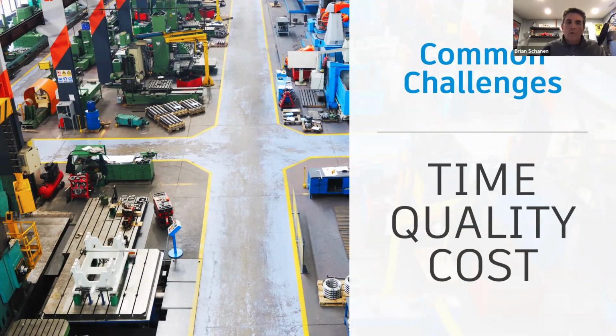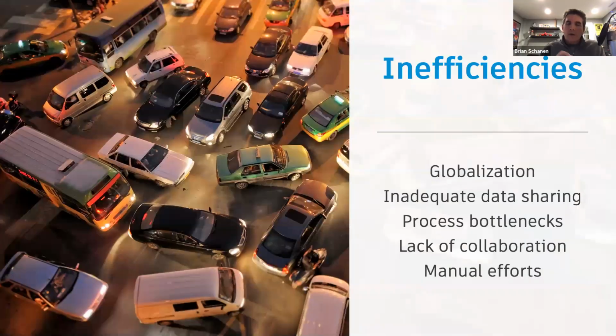But along the way, because we have that element of time, we have to talk about the cost of quality, the cost of change, the cost of time, and the tools that we have to manage all of it. And so we're going to talk about that and then talk about how do we address inefficiencies. They actually show up in a number of ways, of course. Globalization, something that we're all aware of currently, data sharing and communication, bottlenecks, a lot of manual efforts.